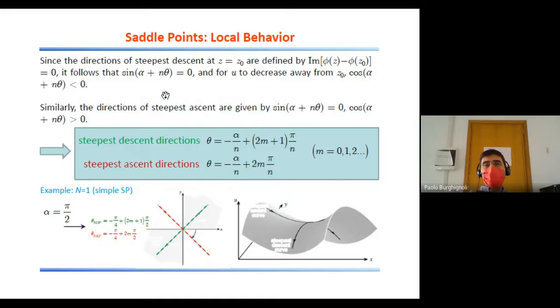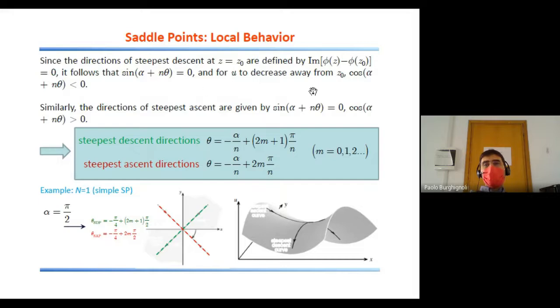Now, if you consider the argument of the trigonometric functions, in order to have the sine function be equal to 0, we have that alpha plus n theta must be an integer multiple of pi.